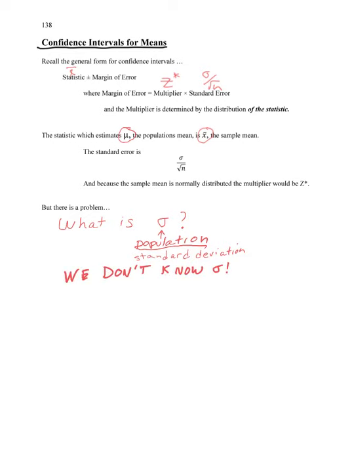And the answer is we don't know. So in statistics, when we don't know something, we just move on to plan B, which is to estimate it with the sample quantity. In this case, estimate sigma with S, the sample standard deviation.